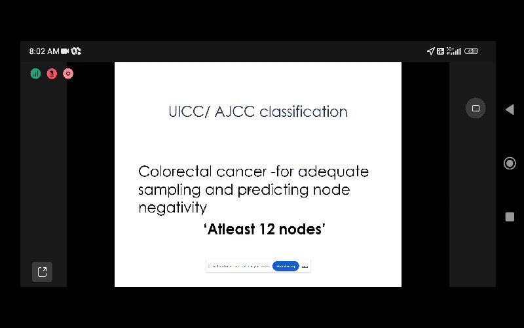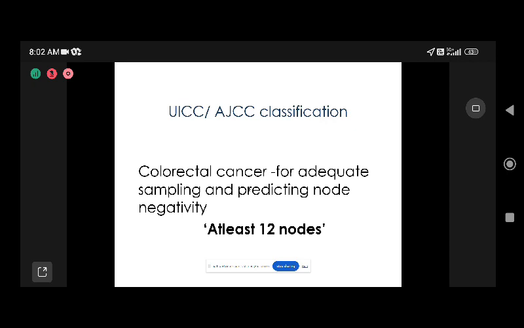And if the report shows less than 12 lymph nodes, then you're justified in asking your pathologist to sample more nodes. It is also a quality indicator for pathology evaluation that there should be at least 12 lymph nodes. If we get less than 12 lymph nodes, we go back to the specimen and do more extensive sampling. And very often that does lead to an adequate number of lymph nodes.